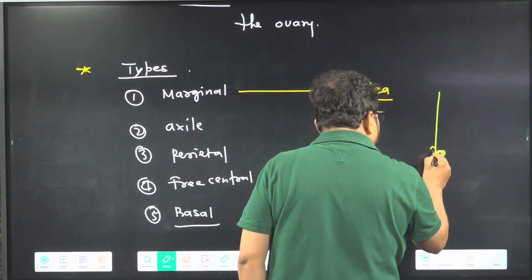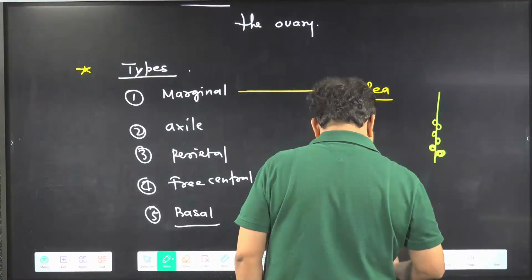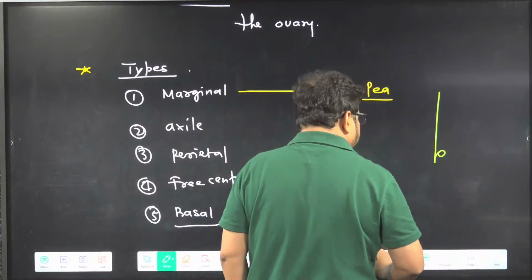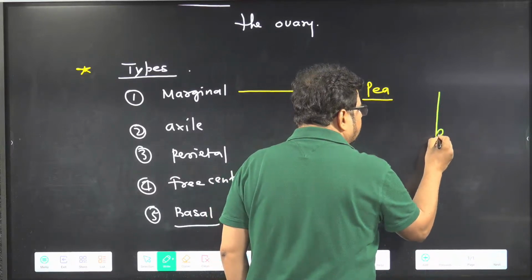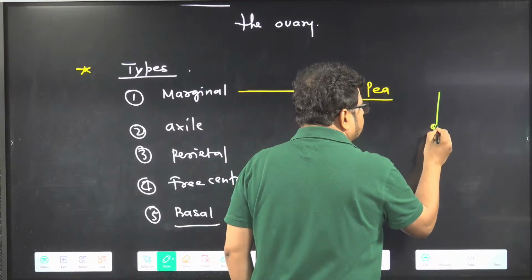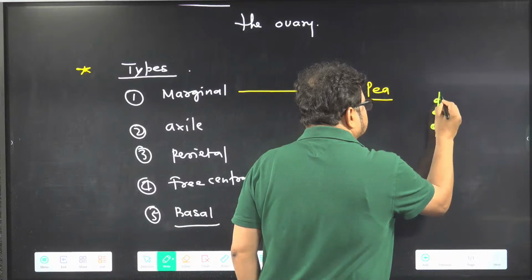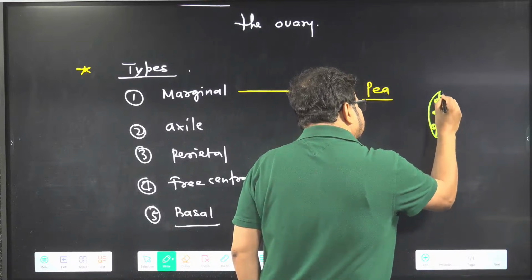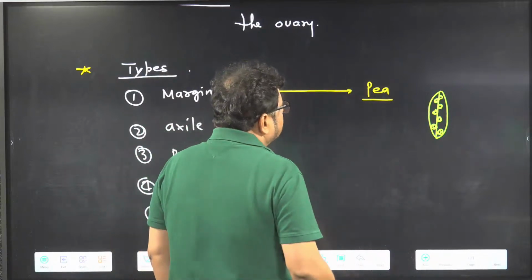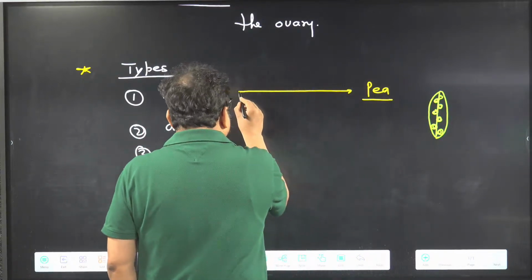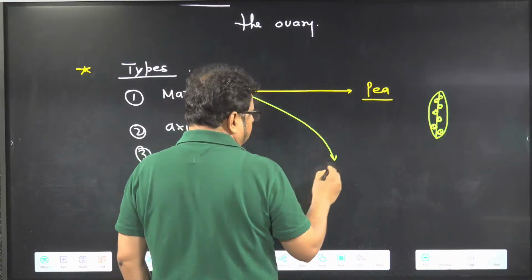Here it is the pea pod. It is like this, and it is covered like this. Got the idea?